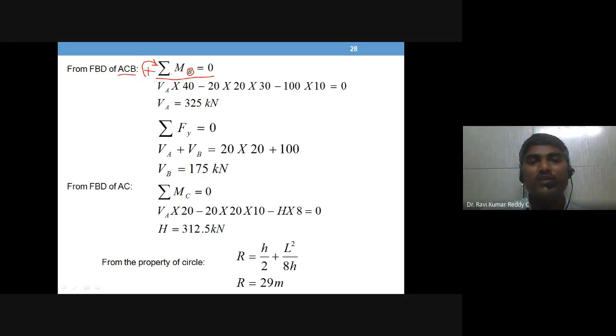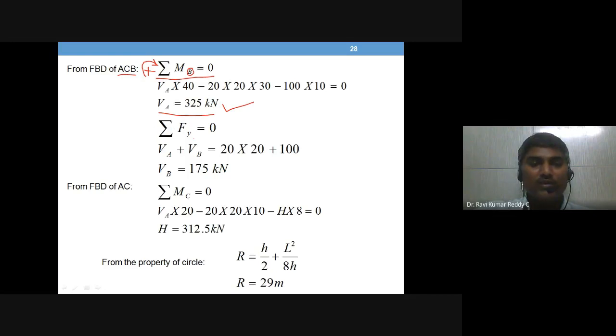So clockwise positive is written and anti-clockwise automatically becomes negative. That gives you the VA value, because only one unknown is present in this equation, which is VA.